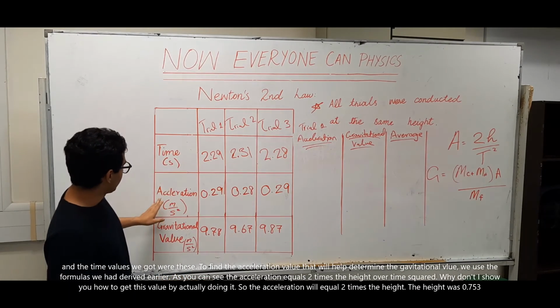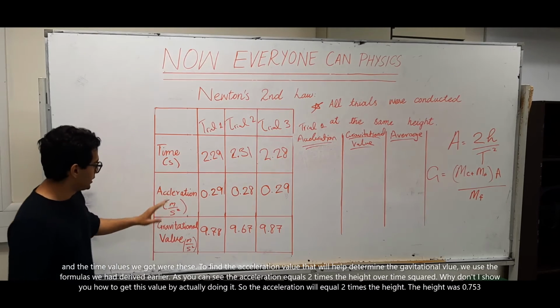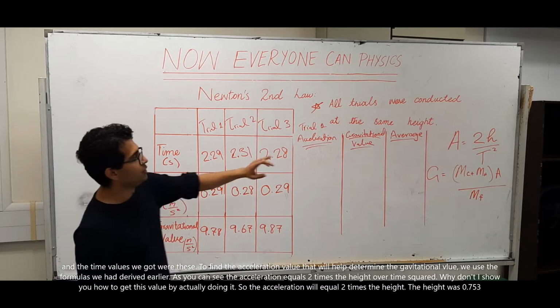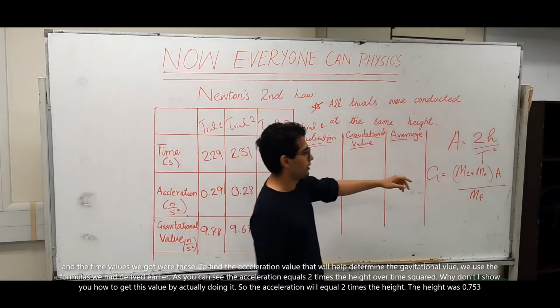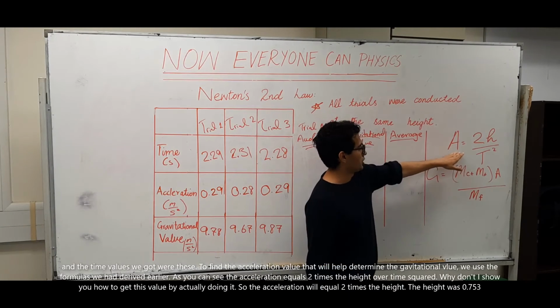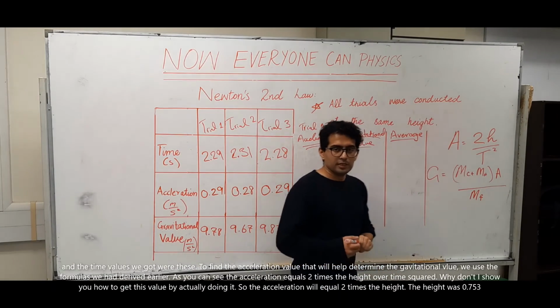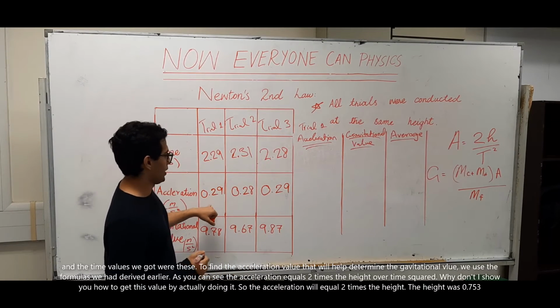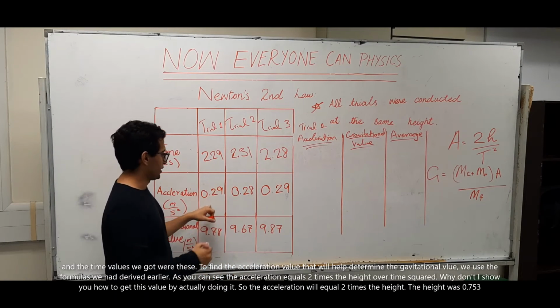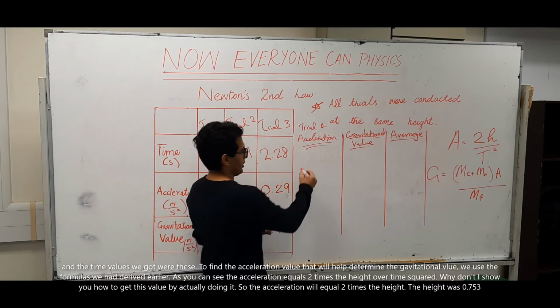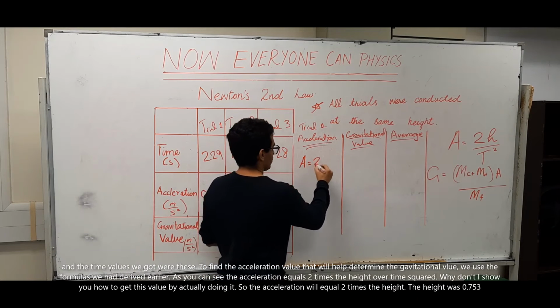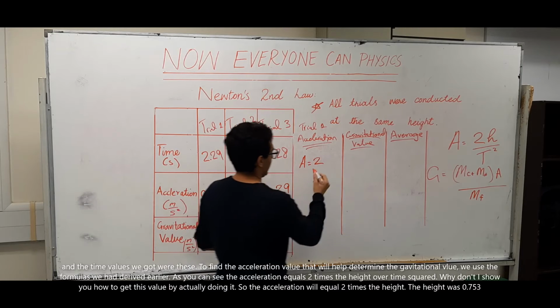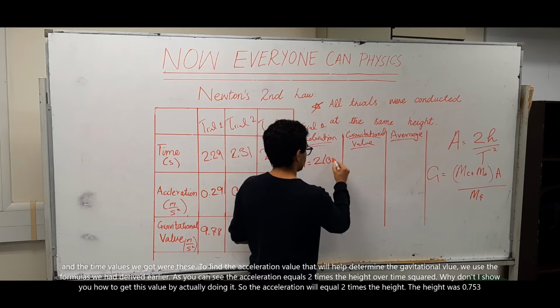To find the acceleration value that will help you determine the gravitational value, we use the formulas that we had derived earlier. As you see, the acceleration equals 2 times the height over time squared. Why don't I show you how to get this value by actually doing it? So the acceleration would equal 2 times the height. Height for us was 0.753.